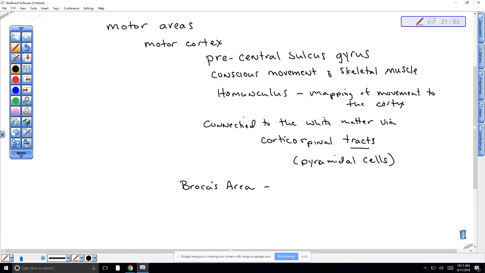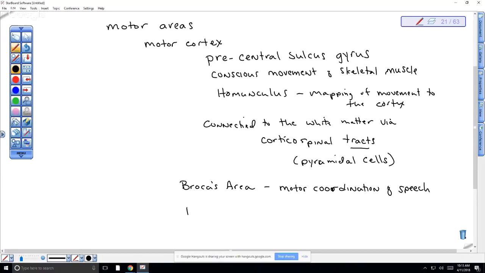So this is motor coordination of speech. If you have problems speaking and forming words, it might be due to problems in your Broca's area. If you have brain damage or trauma to that given part of the brain, that could affect the speech area, okay?